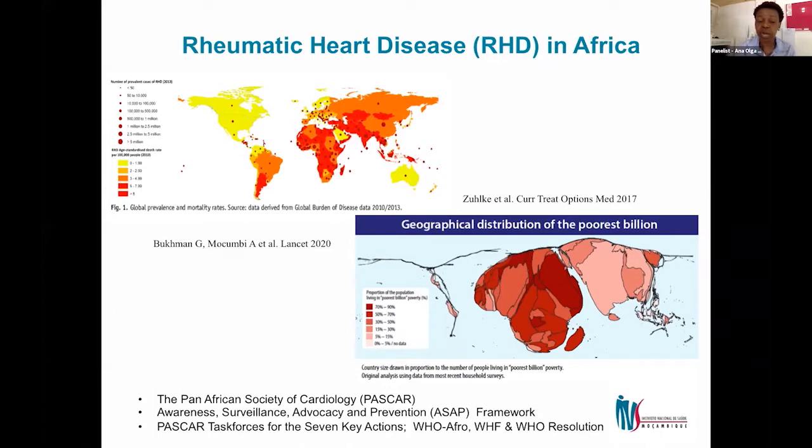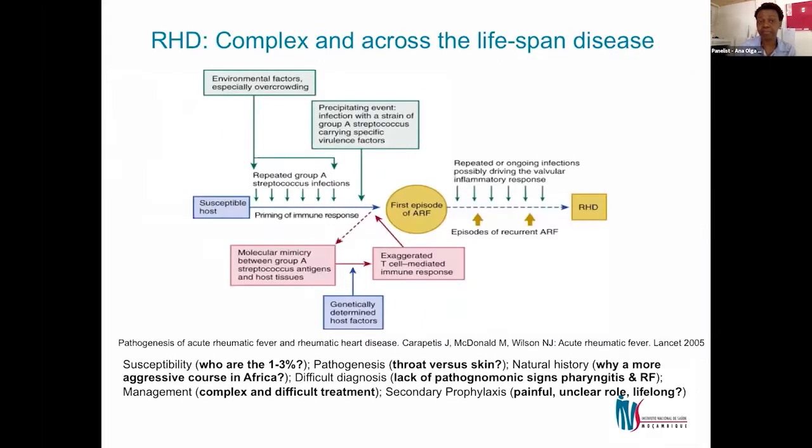And probably this is why also Africa is taking the lead in trying to fight this disease. So the Pan-African Society of Cardiology, the World Heart Federation, and most recently the WHO have come together to try to eradicate this disease.